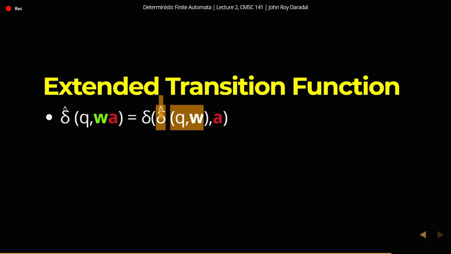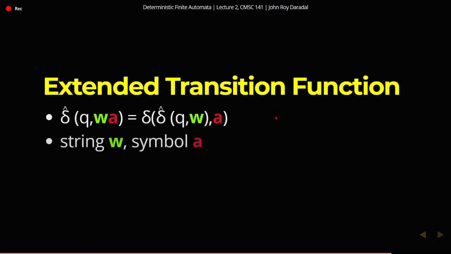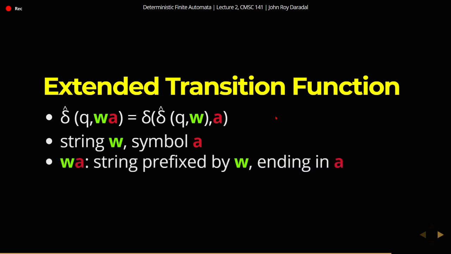So this one will become a state. What state does delta hat Q W end up in? That state will be plugged into the transition function together with A, which is the last symbol. So W is a string, A is a symbol, and WA is a string prefixed by W and ending in A, as I mentioned earlier.